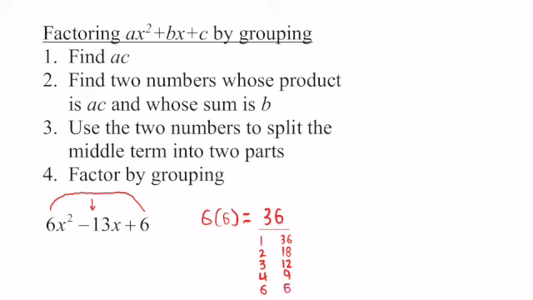Because it's a positive 36, we know our results need to be both positive or both negative. Since we're trying to add up to something negative, they would have to be both negative. So if we check these pairs where they're both negative, looking for the one that adds up to a minus 13, it would be a minus 4 and a minus 9.